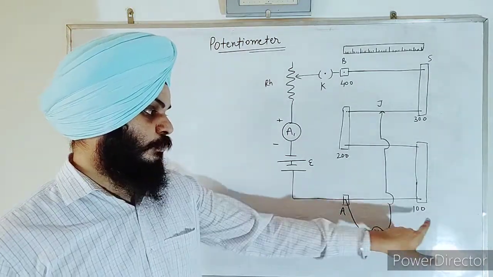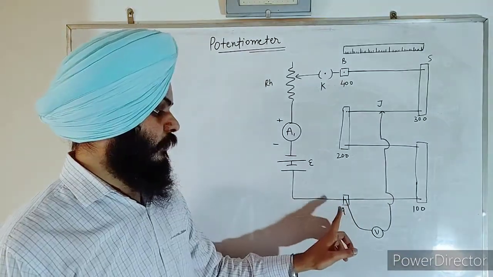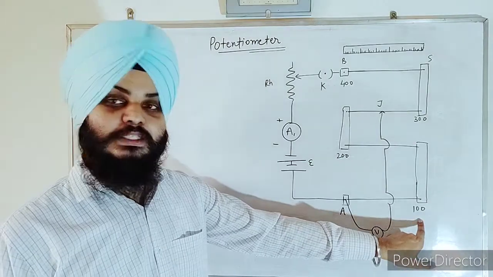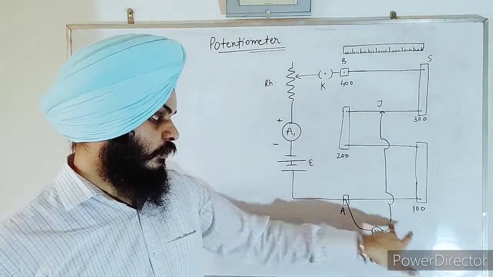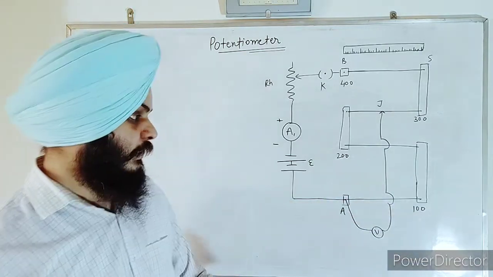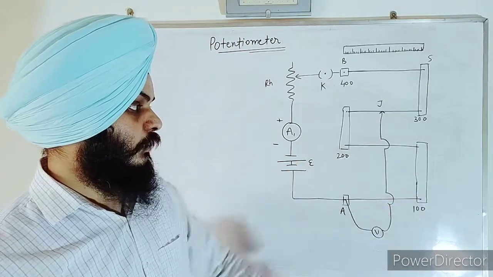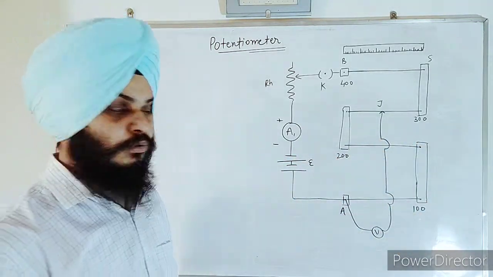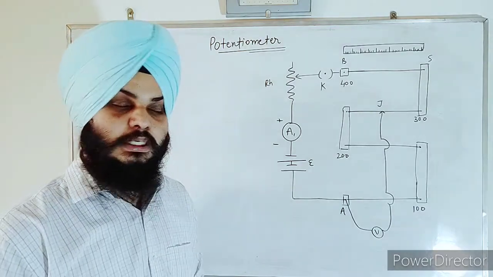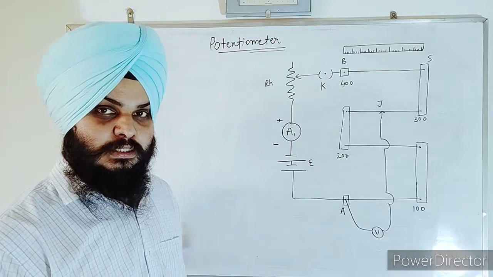From here to this point, these are carbon strips, and a wire of length 100 centimeter, or simply 1 meter, is connected across this. Then again there is a copper strip here. We have used copper strips to join these wires because copper is a good conductor and readily available.